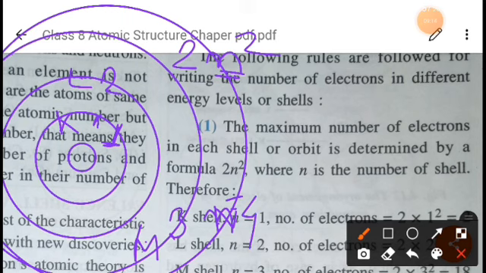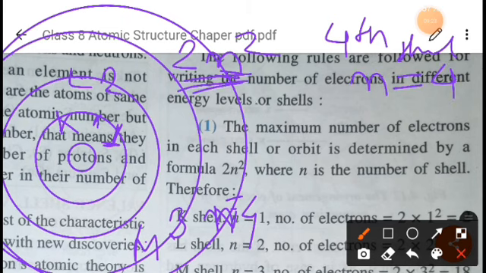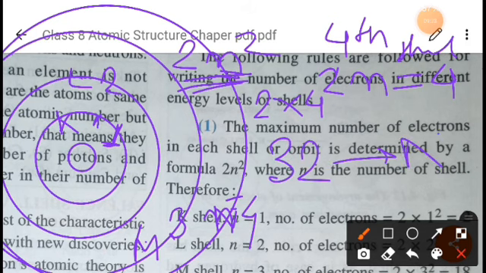Shell number is 4. So when we're talking about the fourth shell or fourth orbit, n is 4 here, right? So when we use this formula, it will be 2 into 4 square, right? So 4 square is 16, right? 16 into 2 is what? 32, right? So in the N shell, the number of electrons will be 32. I hope you have understood this, right?